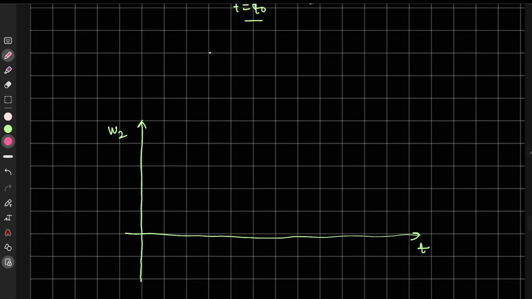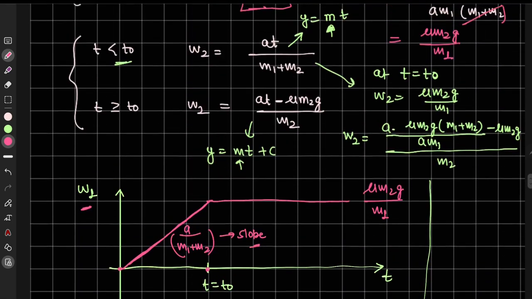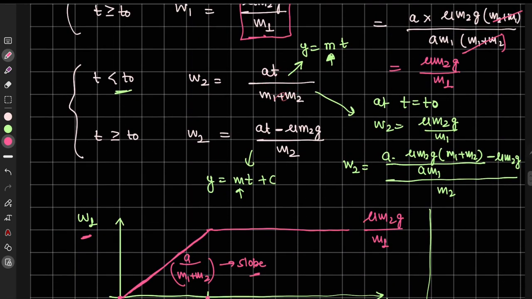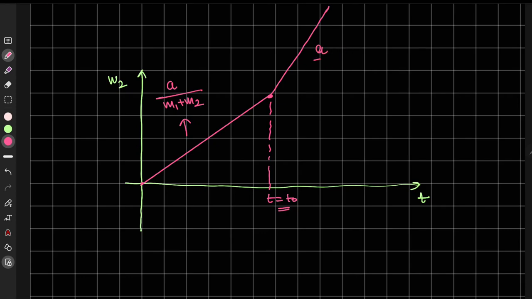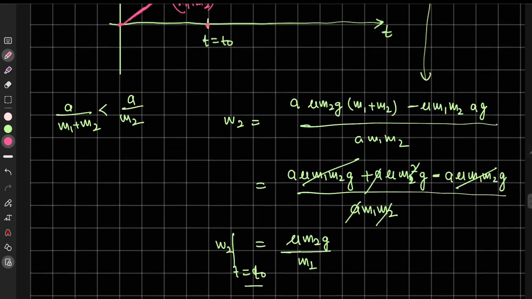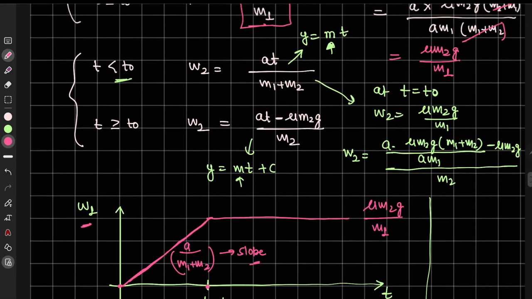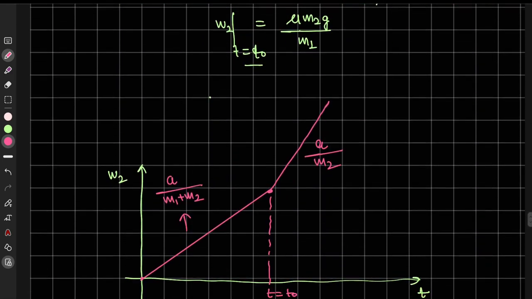So the graph will vary linearly, and initially the slope we are having is a upon m1 plus m2. So the graph will vary linearly like this, and then after that the slope will increase and the graph will vary like this. So this is the time at t is equal to t naught. Here we are having the slope of a upon m1 plus m2, and here we are having the slope of a upon m2. Okay, so I hope the entire procedure is clear.